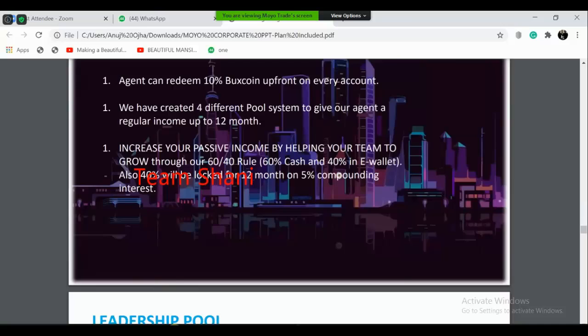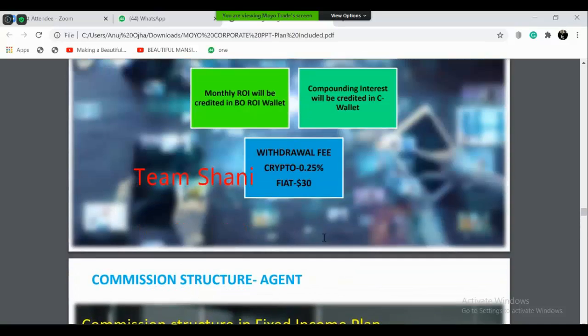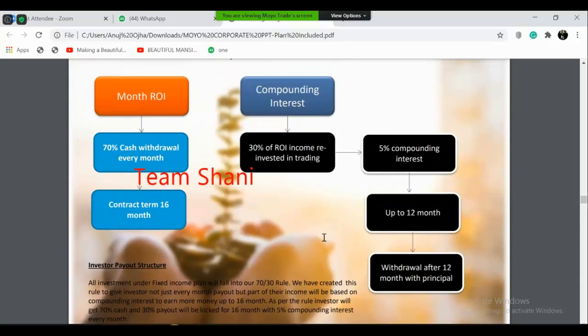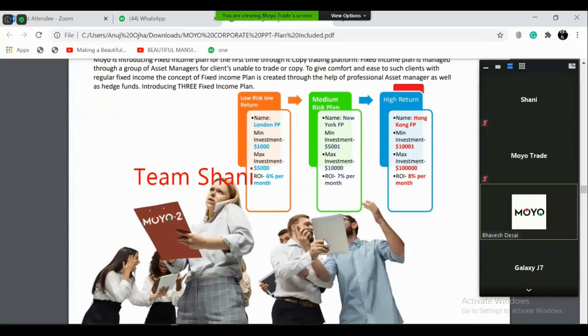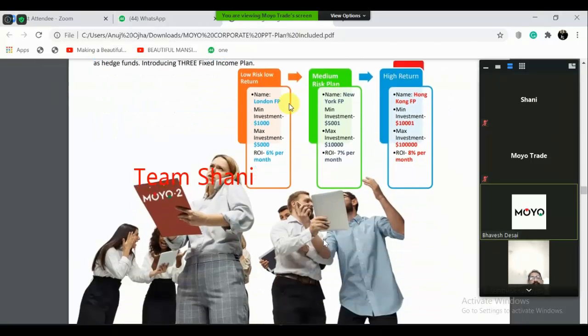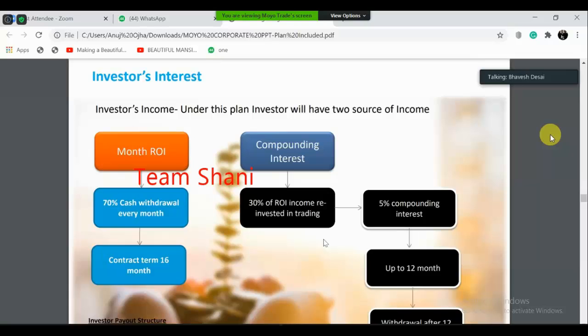Go up. Two more slides up. One more. Okay, stay there. No, no, no, no. One slide down now. Yeah, this is it. Stay there, please.